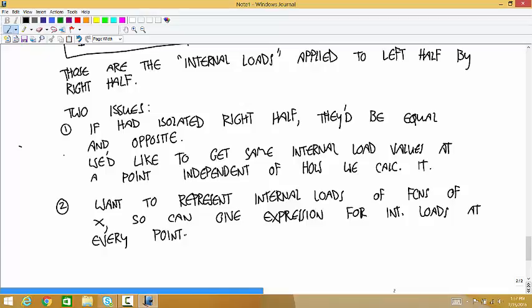Okay, so those are the two things we still have to do with internal loads.